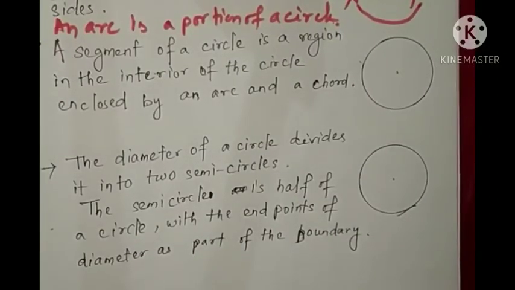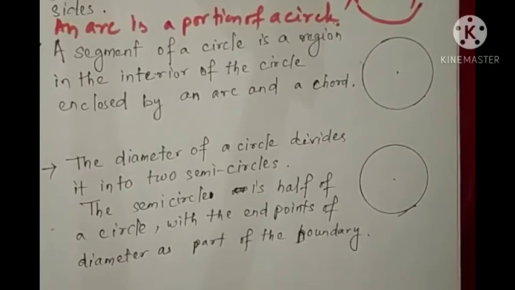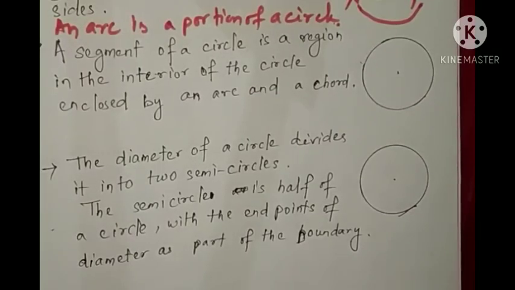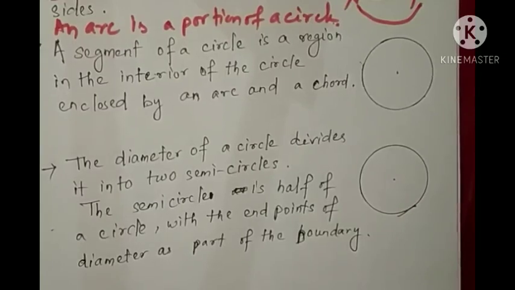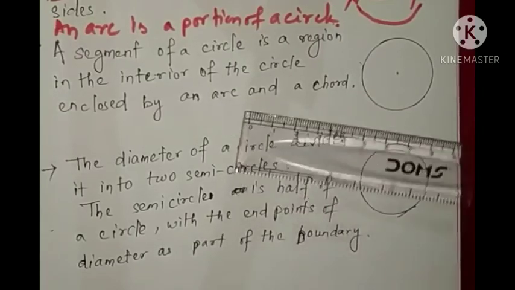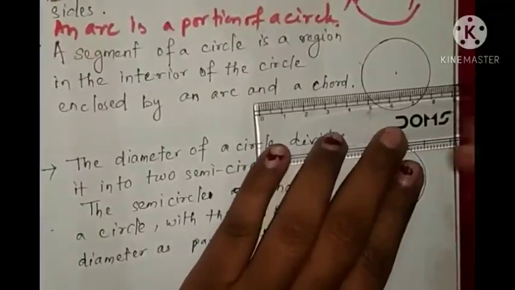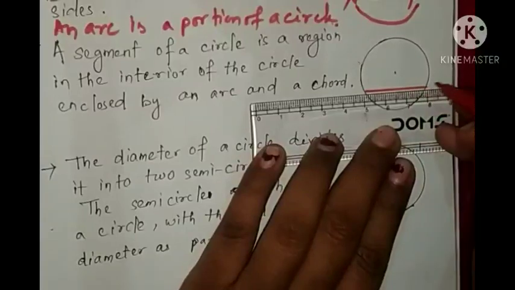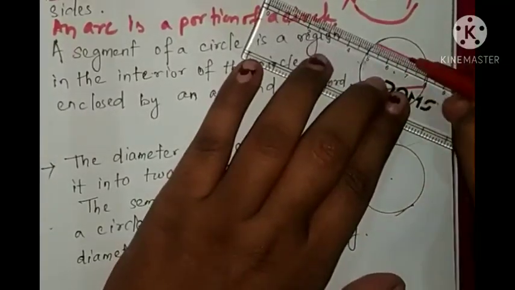A segment of a circle is a region in the interior of the circle enclosed by an arc and a chord. In a sector, the interior region of the circle is enclosed by 2 radii and 1 arc, but here it has one arc and 1 chord. Any chord you can make.